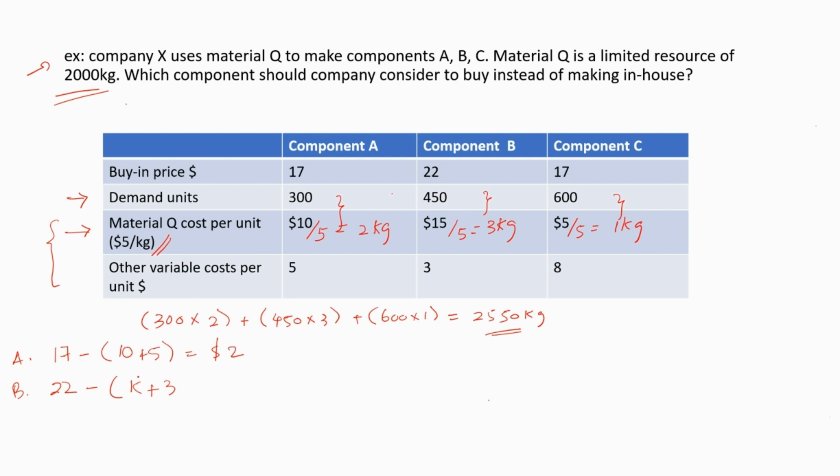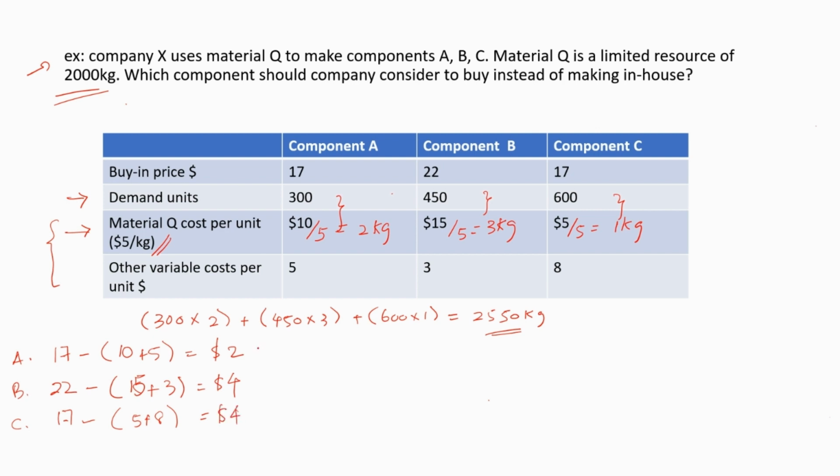This is equal to $4. For component C, the buy-in price is 17. The relevant cost to produce is 5 plus 8. This is equal to $4.